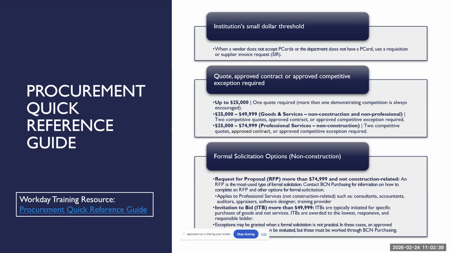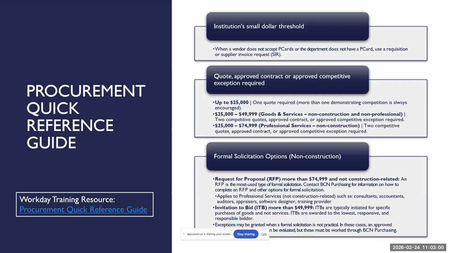For the non-professional goods and services, that next line there, between 25,000 and 499,999, two quotes are required, or an approved competitive exception, or again, a contract that we have already formally solicited or a cooperative contract.